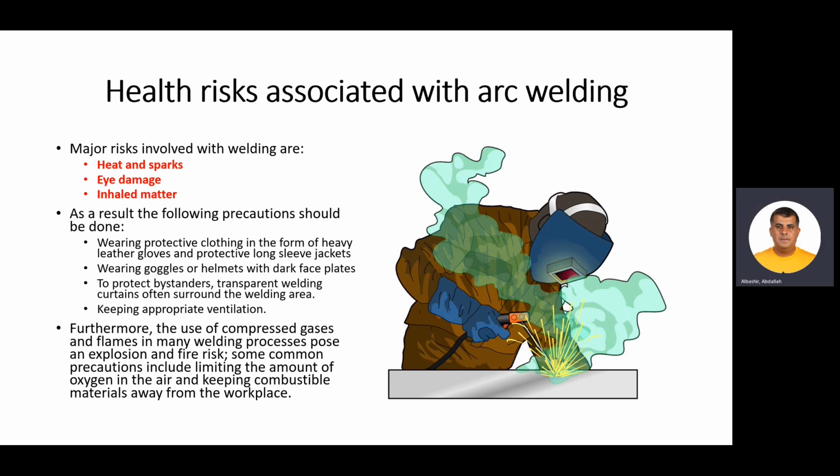The major risks involved with welding are heat and sparks, eye damage, and inhaled matter. So we take extra precautions in welding, like wearing protective clothing in the form of heavy leather gloves and protective long sleeve jackets, wearing goggles or helmets with dark face plates, using curtains in the welding area, and keeping appropriate ventilation.